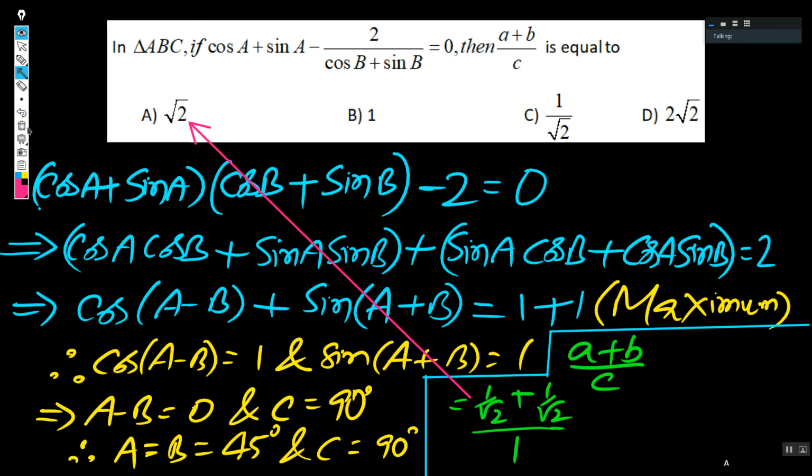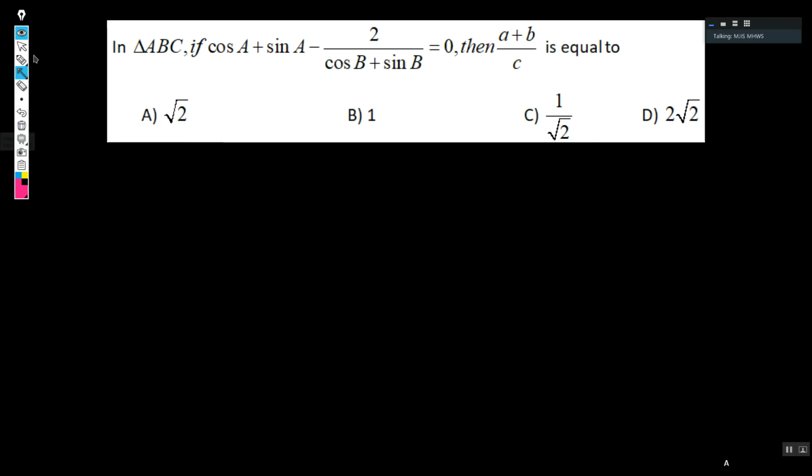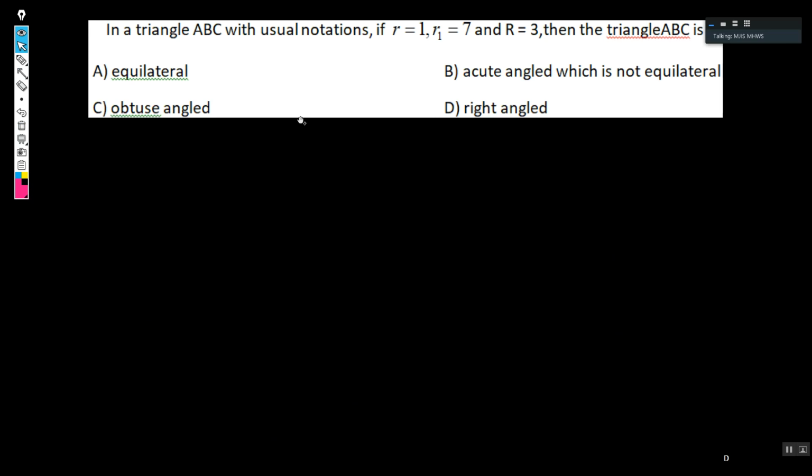Next, in a triangle ABC with usual notations, small r is equal to 1 and r1 is equal to 7, capital R is equal to 3, then the triangle ABC is, okay, anyone please?